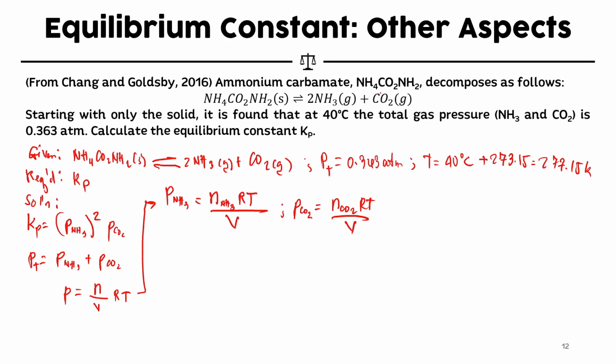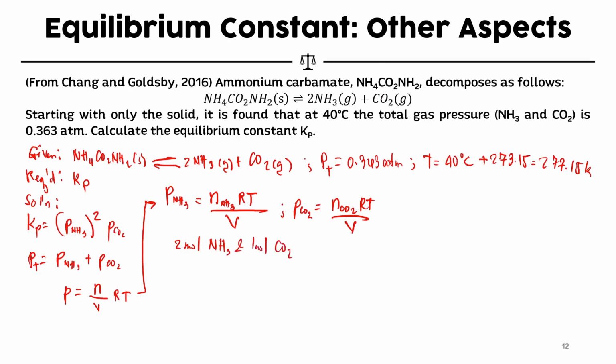Now, we have seen in the balanced chemical reaction that when 1 mole of ammonium carbamate decomposes, it produces 2 moles of ammonia and 1 mole of carbon dioxide.